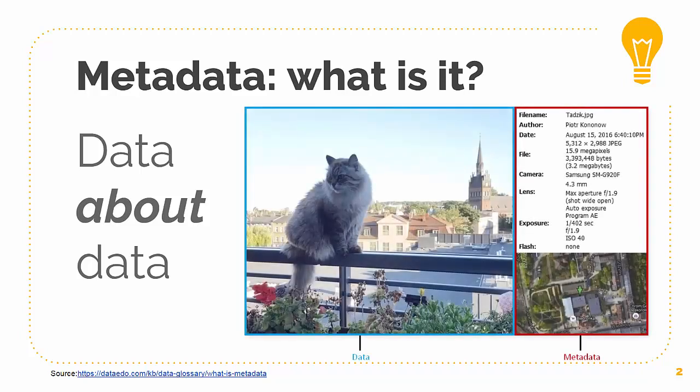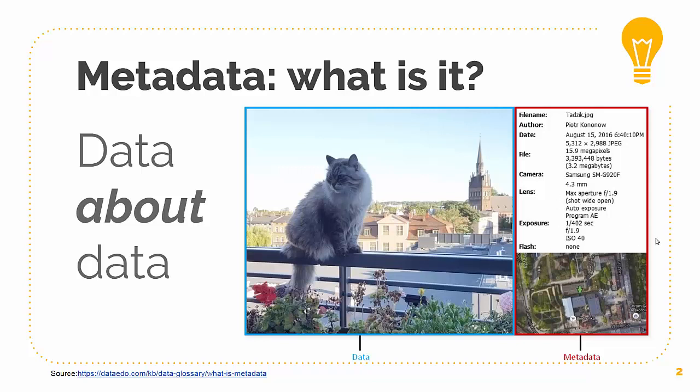So here is a photo of a cat. I'm sure all of you have taken probably a similar photo of a cat, a dog, or something else in the past. Well, the photo itself is the data. It's the content of this digital object. When we take a photo on a smartphone, it also typically stores metadata, so information about the photo.